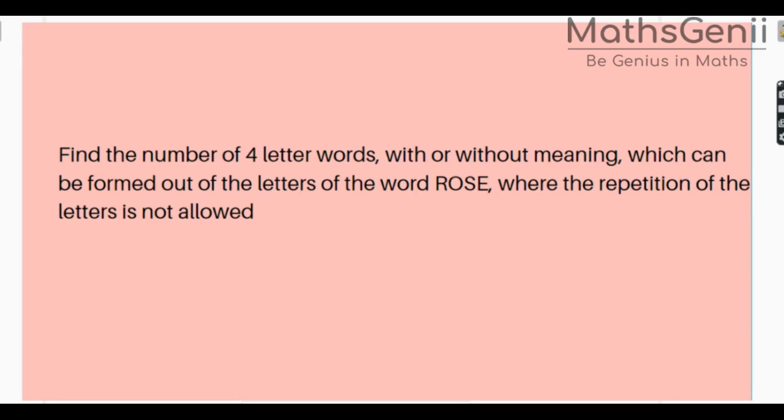Now I'm going to teach you two very useful things. Combination has two types: one where repetition is allowed, and one where repetition is not allowed. We're going to see this in detail now.